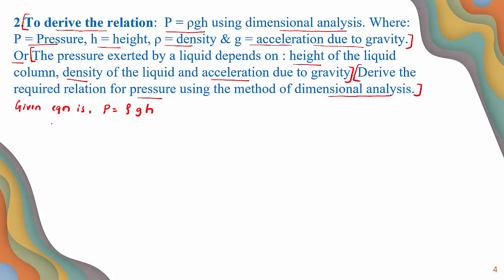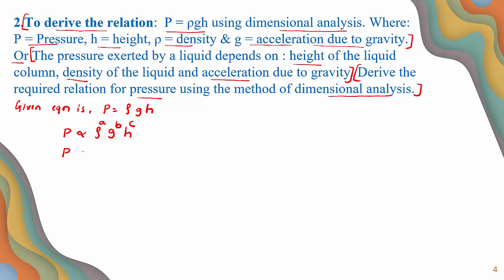So this equation first we have to write in terms of proportionality. P is directly proportional to, so here I can write rho raised to A, G raised to B, H raised to C. In this form, first we have to write the given equation.